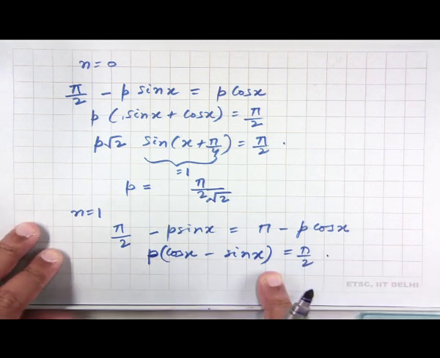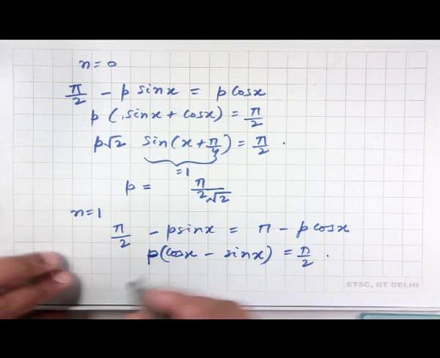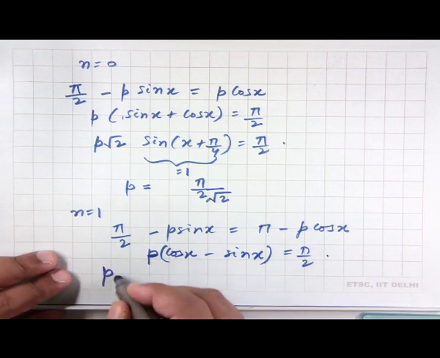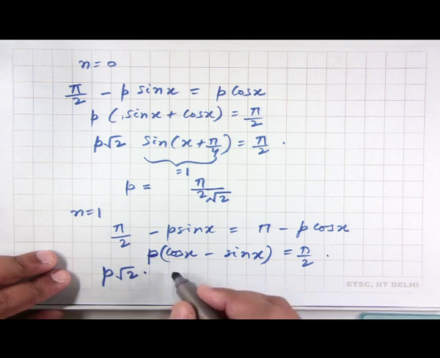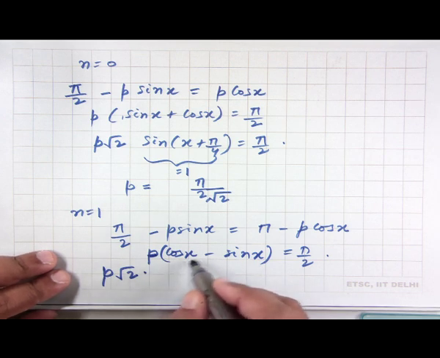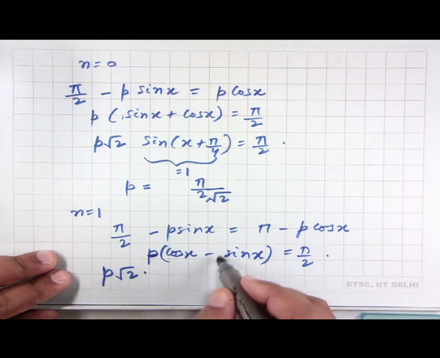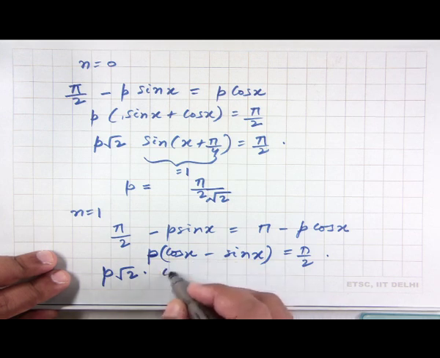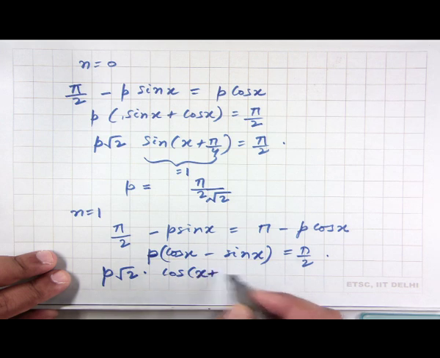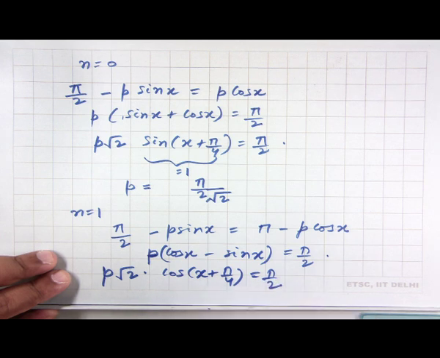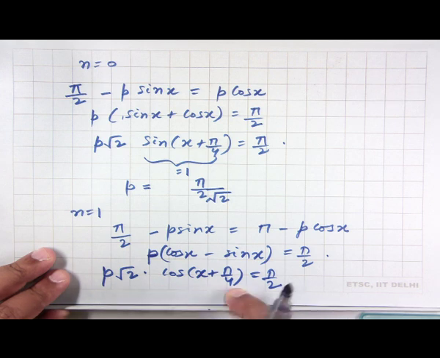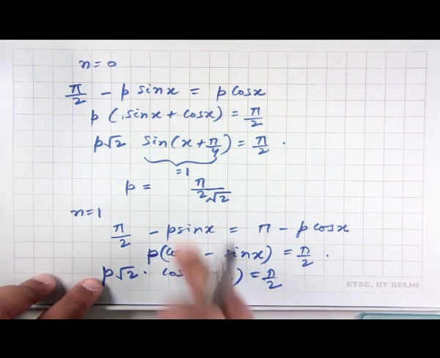Even here we can write it as p into square root of 2 times (cos x into 1 by root 2 minus 1 by root 2 sin x), which can be written as p root 2 cos of (x plus pi over 4) equals pi over 2. But even here the largest possible value of cos of (x plus pi over 4) is still 1, and therefore the smallest positive value of p will still be the same value.